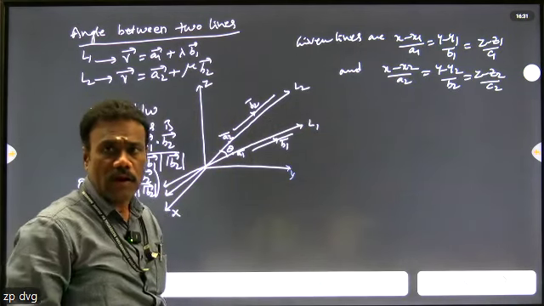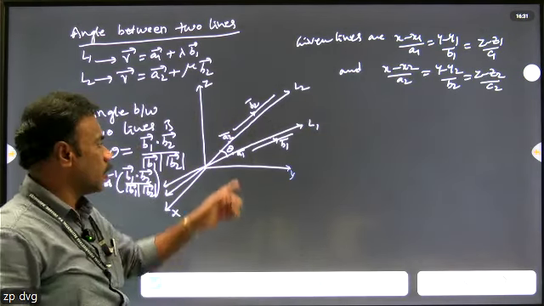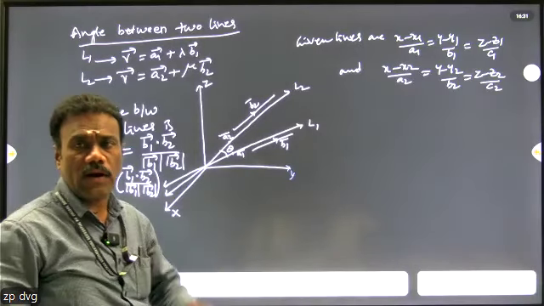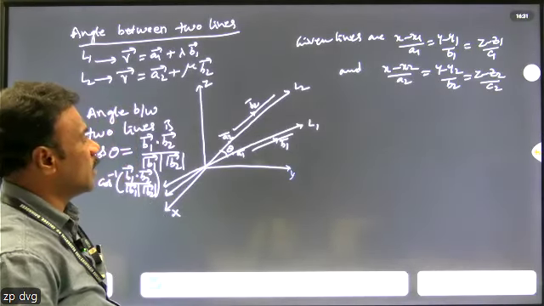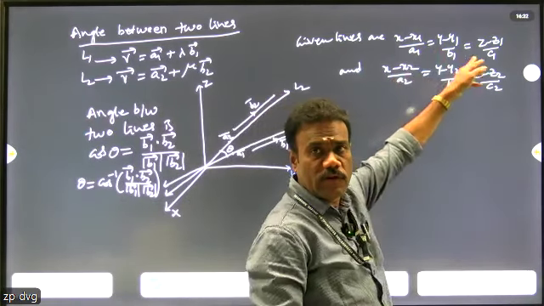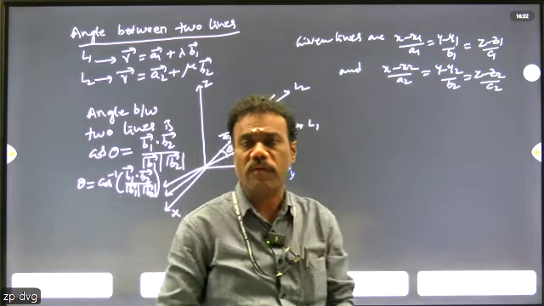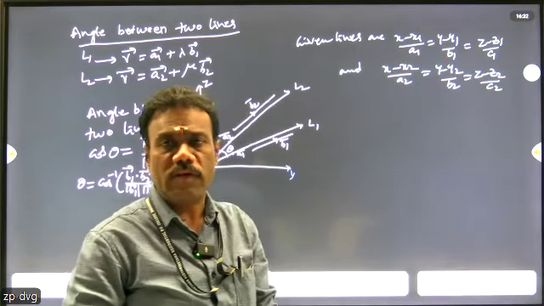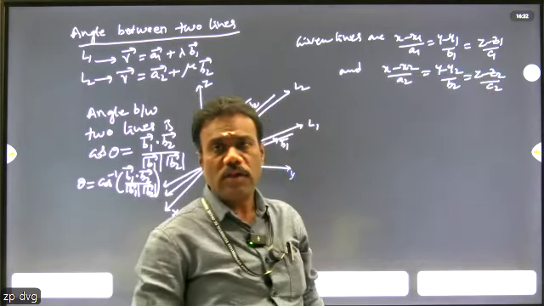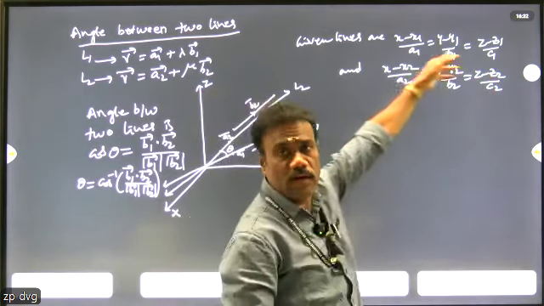When two lines are given and theta is the angle between them, how do we find the angle between the two lines? In the first line, x minus x1 by a1 is equal to y minus y1 by b1 is equal to z minus z1 by c1, a1, b1, c1 are the direction ratios of the first line.